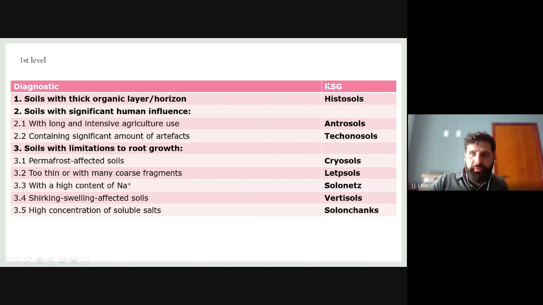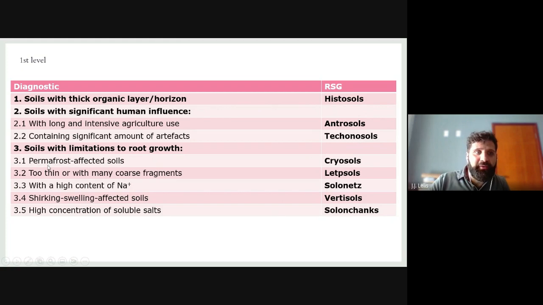So the histosols are the first level that you need to check in the field, whether that soil can be classified as a histosol. If that soil has a thick organic layer, it is a histosol, and it doesn't matter anymore what other properties it has. Okay, it's a histosol. So you need to follow this order to identify which reference soil group we are talking about in the field. Okay?